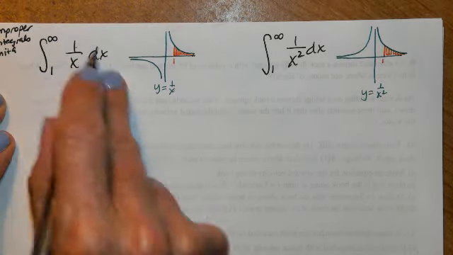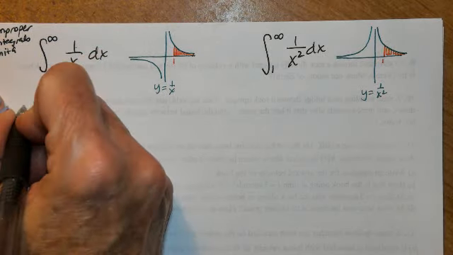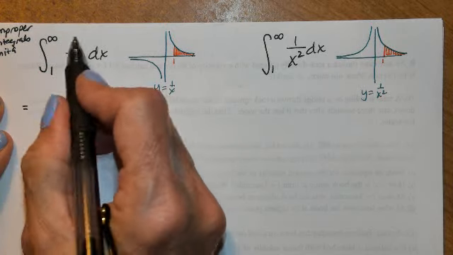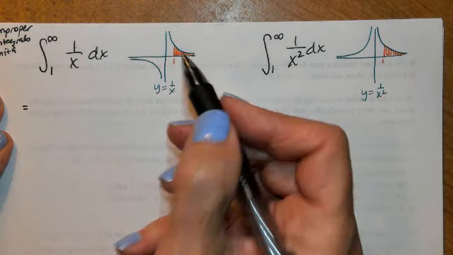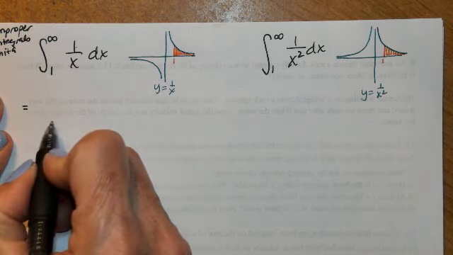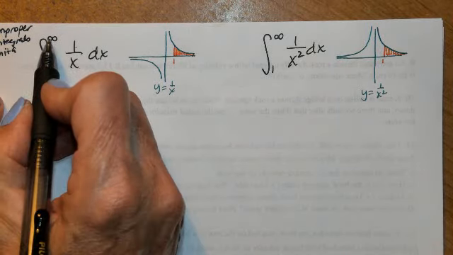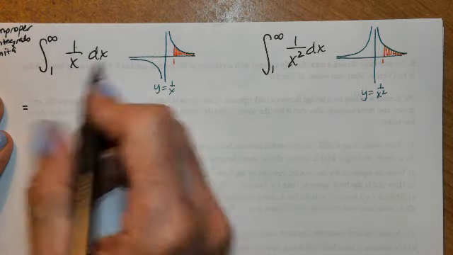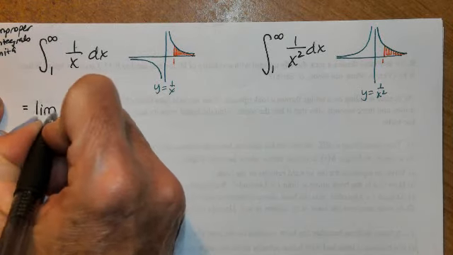When we evaluate this, I start by taking the antiderivative, right? The antiderivative of 1 over x is natural log absolute value x, which I want to put here, but I'm going to leave a space because this is improper. I cannot put infinity as one of my boundaries. I need to write it as a limit instead.